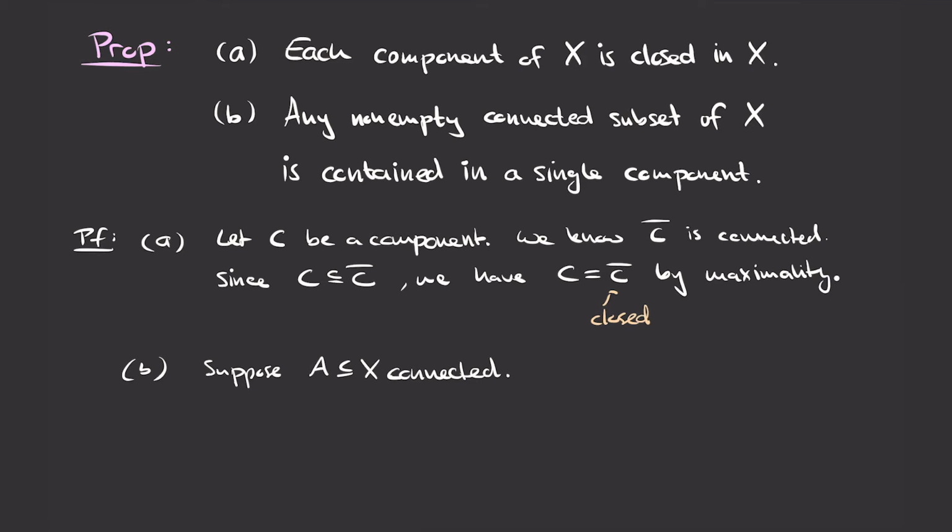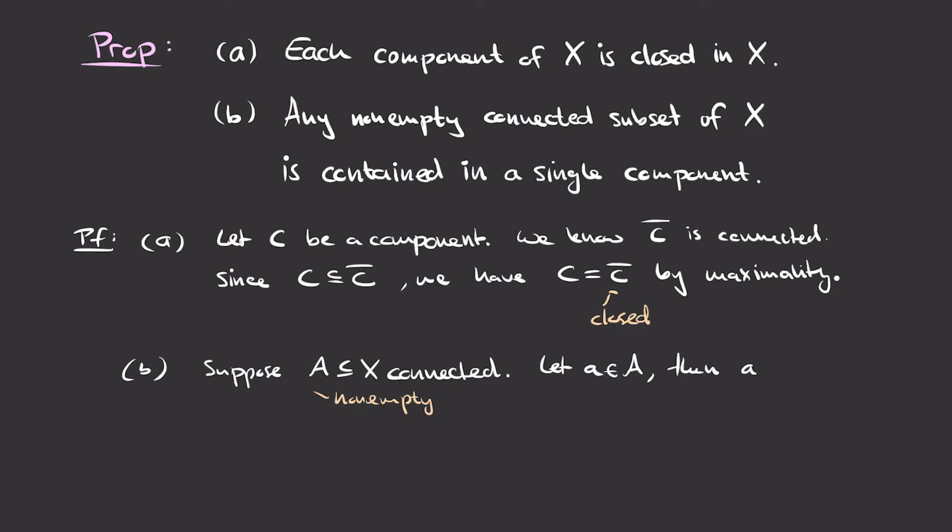Also, we have this hypothesis that A is non-empty, because otherwise, if it were the empty set, then it would be a subset of any component, so this wouldn't hold. But because A is non-empty, it has a point that must be in some component, because the components partition the space. So we let small a be an element of A.